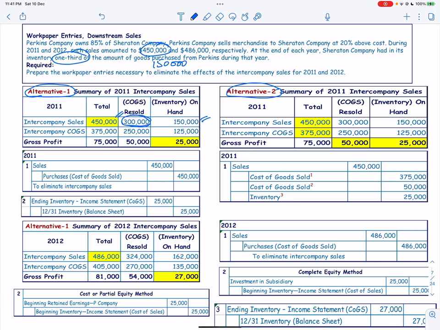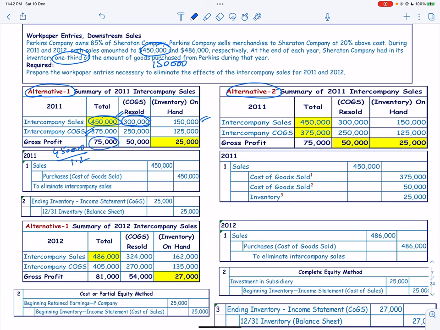So the cost of goods sold for 450 will be 450 divided by 1.2. So 450 divided by 1.2 is 375 and the gross profit is 75.